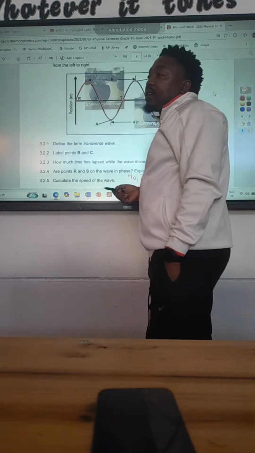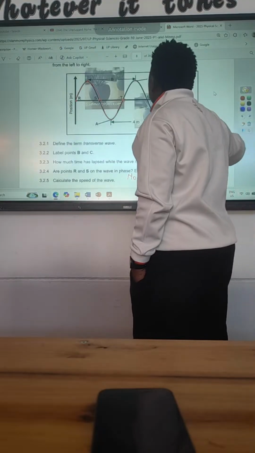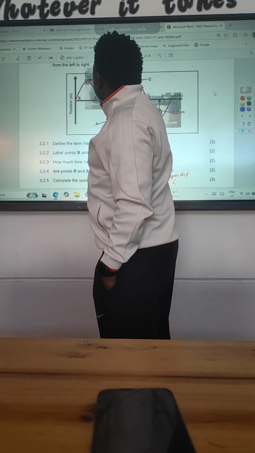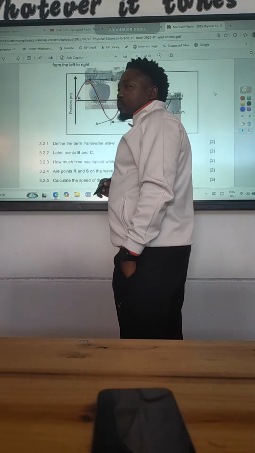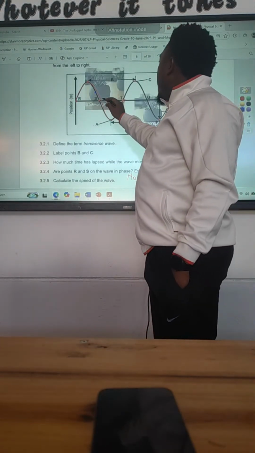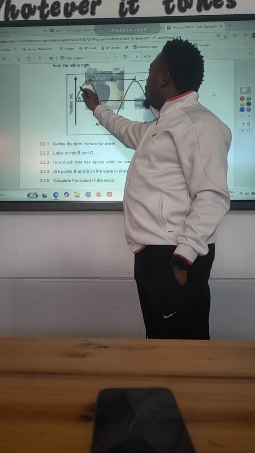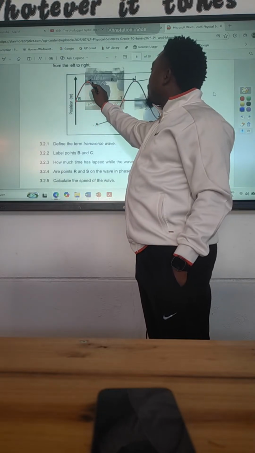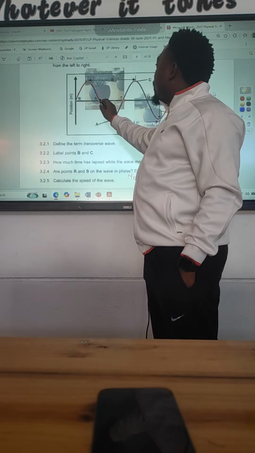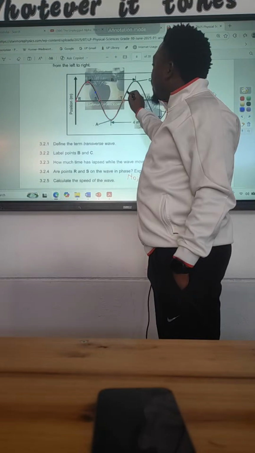If, for example, I take a point at random, I must check where that point is. If I say I want the point in phase with this, I know that it's at the beginning of the crest, just before the first crest ends. So it cannot be here.